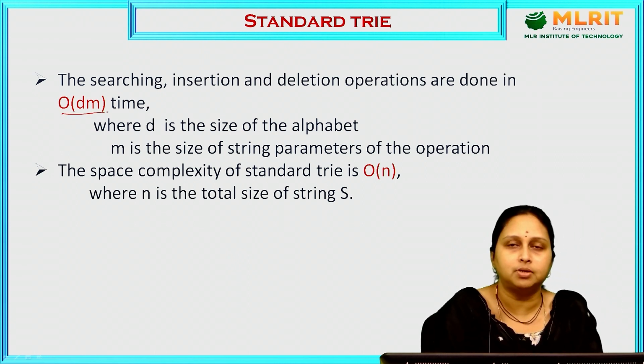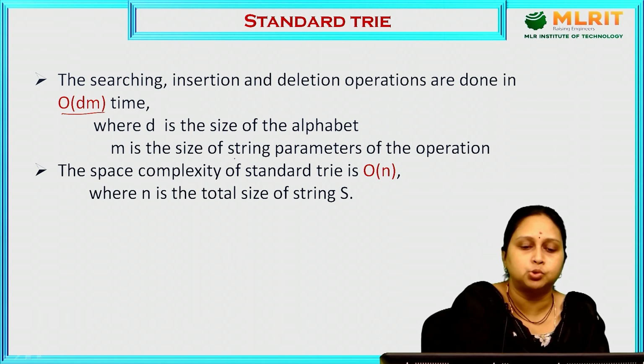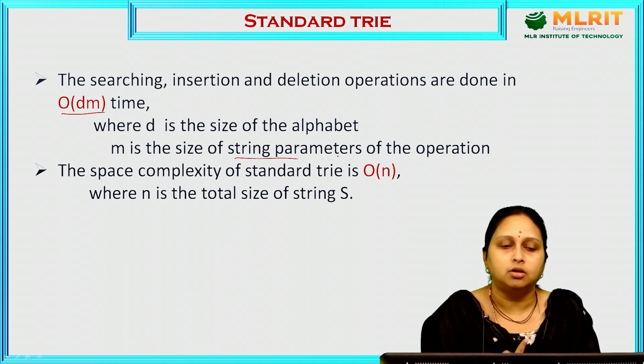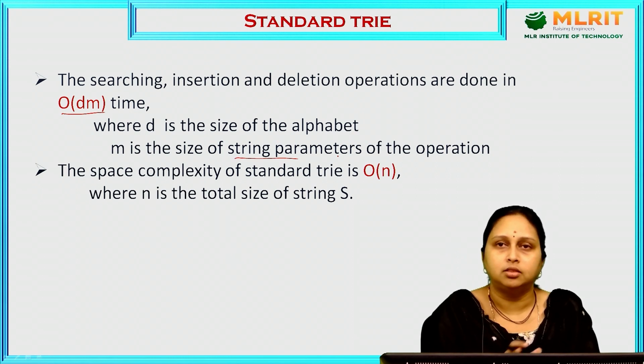Here d represents the size of the alphabet, and m represents the size of the string parameter. That means based on which operation we are going to do, whether you are going for searching, insertion or deletion. Okay. Now this is the time complexity. And what about the space complexity? If you look at the tree that we have constructed for the given strings, the space complexity is how much space it is going to occupy in the memory.